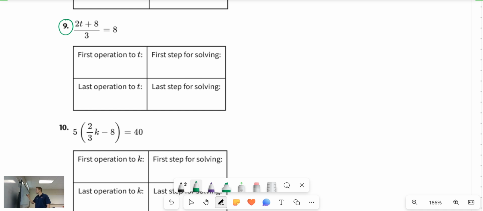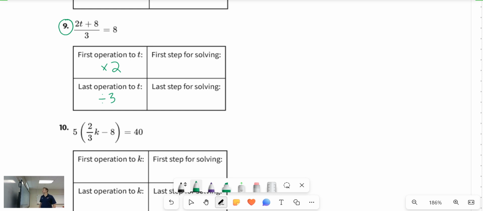So the first operation to t is going to be times 2. The last operation to t: we would do t times 2, then add 8, then divide by 3, because the division bar is underneath the entire top part. So that's what would happen last. So the last operation to t is divide by 3.